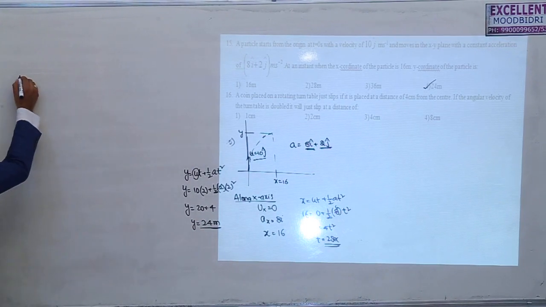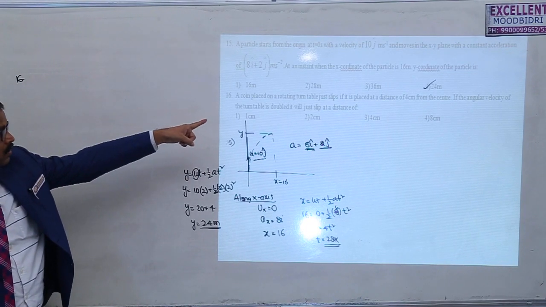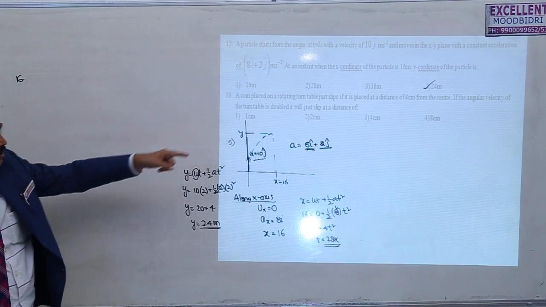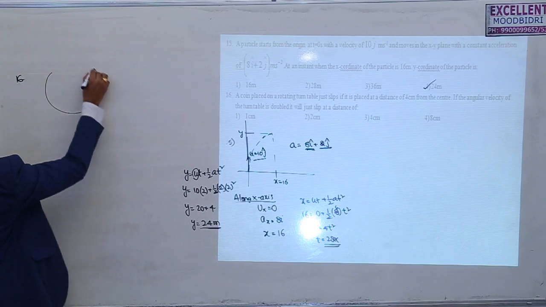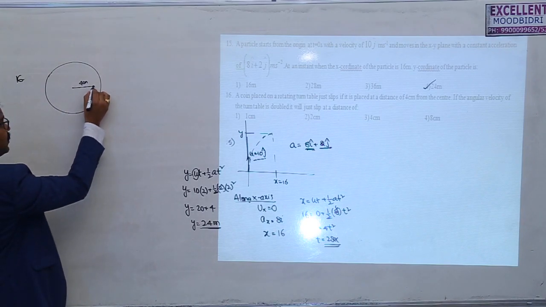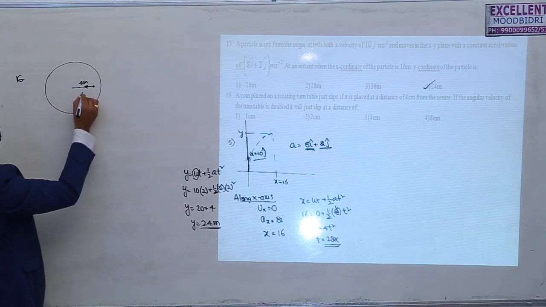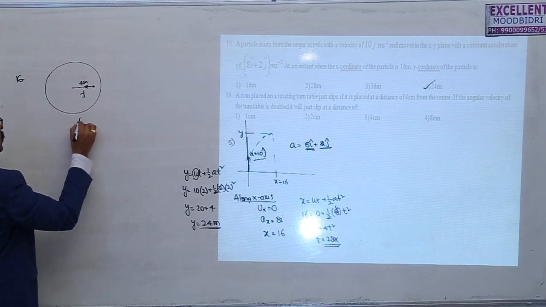Similarly, in the 16th problem, a coin placed on a rotating table just slips if it is placed at a distance of 4 centimeters. So this is a rotating table. A coin is placed at a 4 centimeter distance and it is slipping away. If it is not slipping, the condition is the internal force must be equal to the centripetal force. The internal force is frictional force.